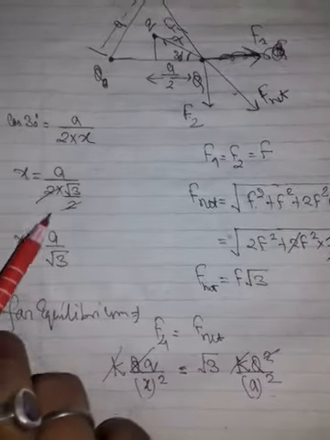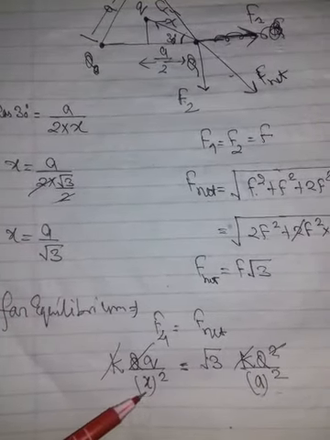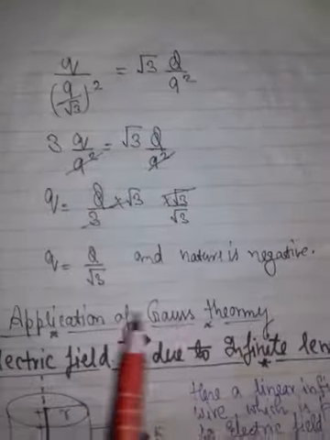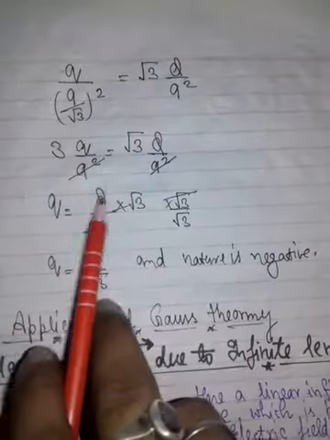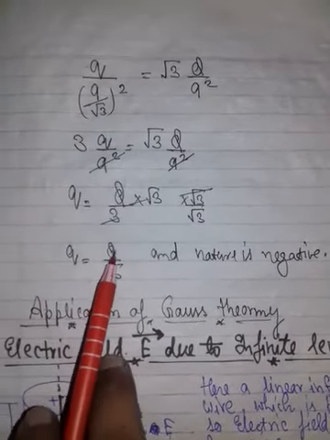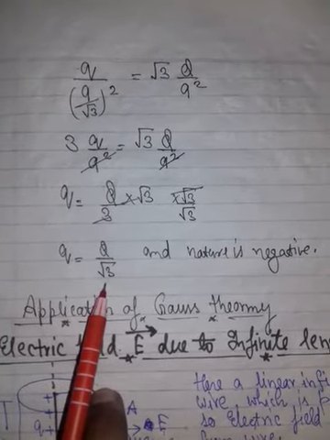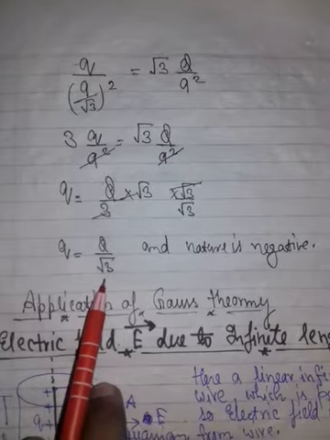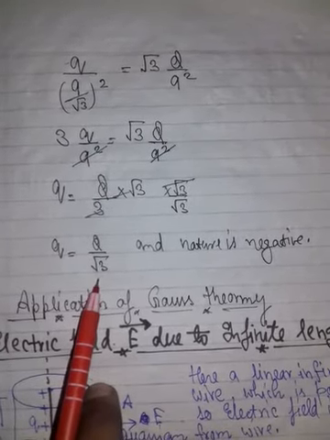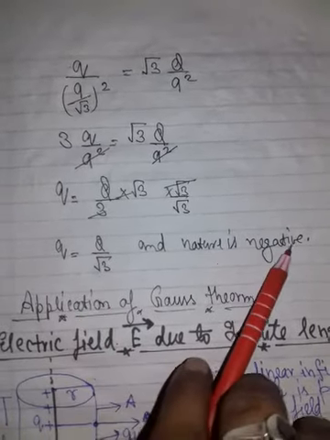We solve for the value of x, putting in these values and taking squares, and solving the equation we got the magnitude as capital Q by root 3. So the charge value kept at the center is 1 by root 3 times capital Q, and the nature is negative.